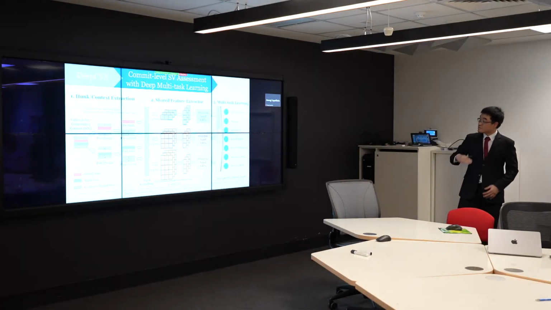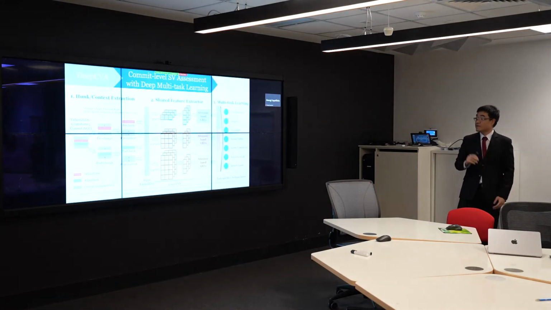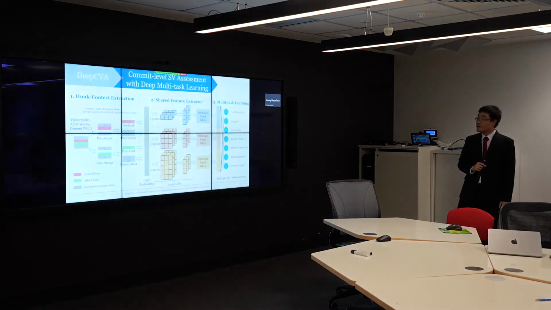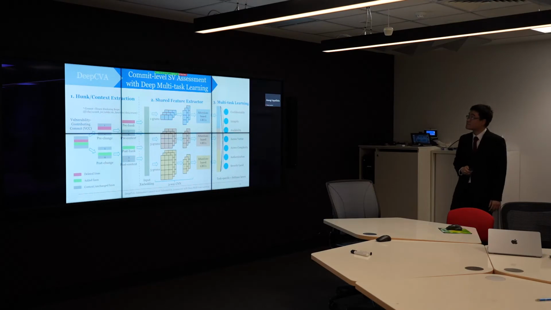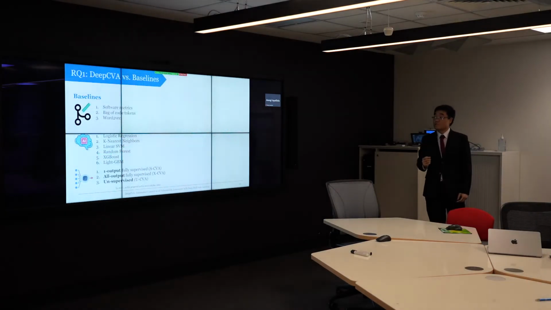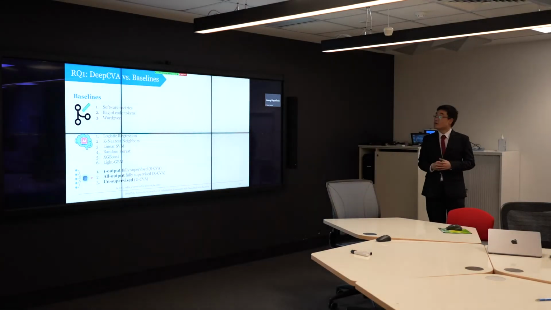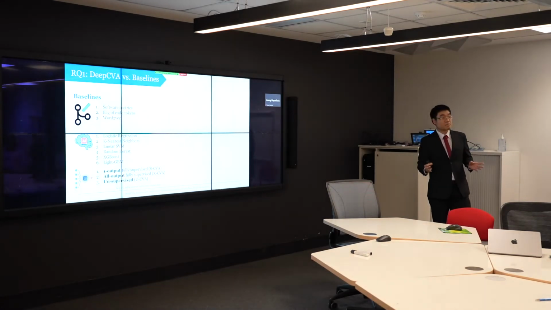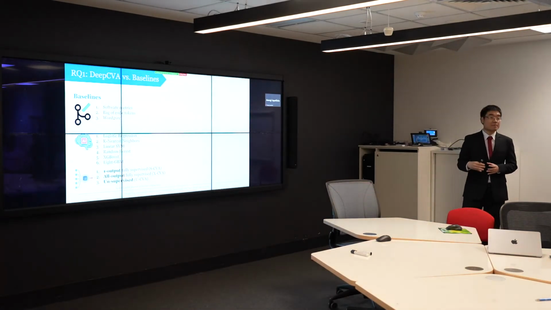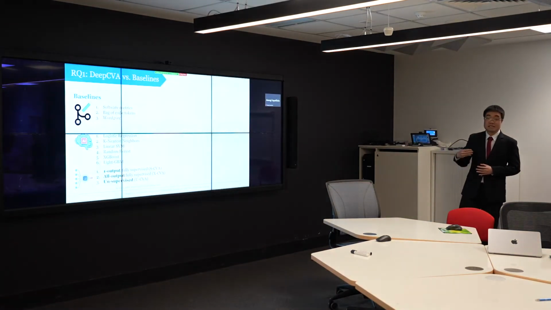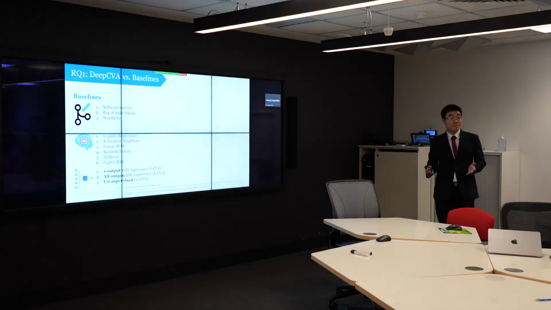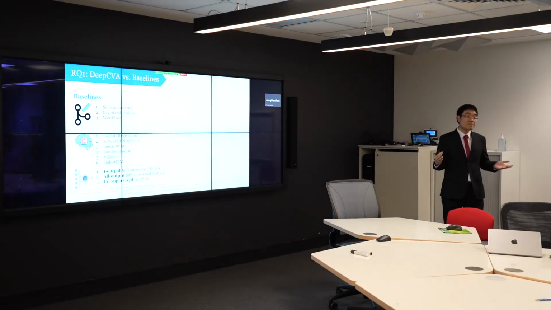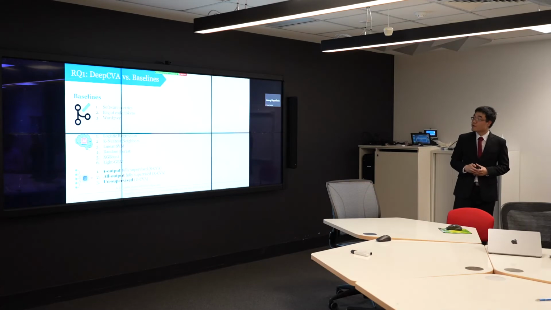Now I will walk you through the key research questions that we investigated and the respective findings. In research question 1, we compared the proposed DeepCVA model with various baselines, and these baselines have been developed based on the existing report-level vulnerability assessment or other commit-level tasks.